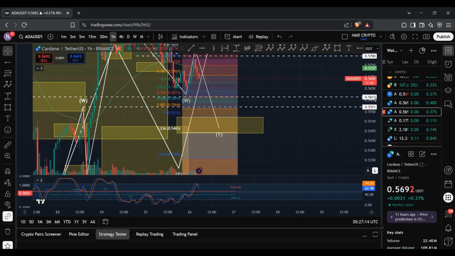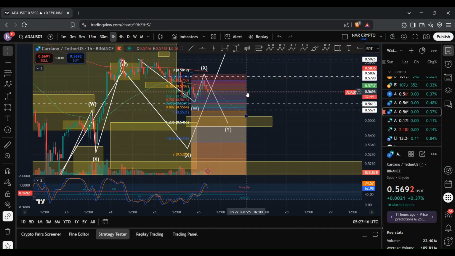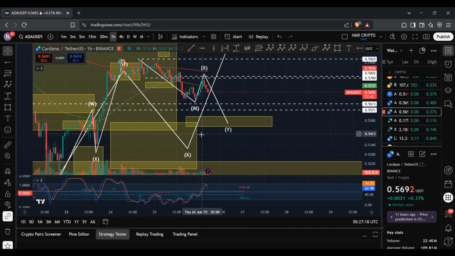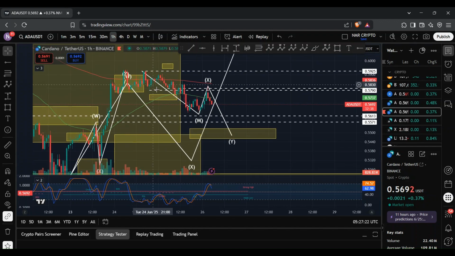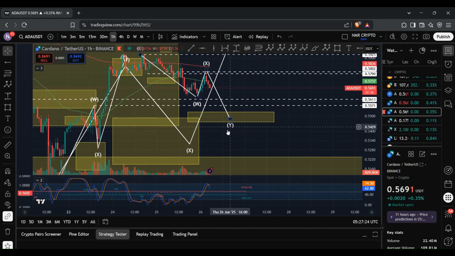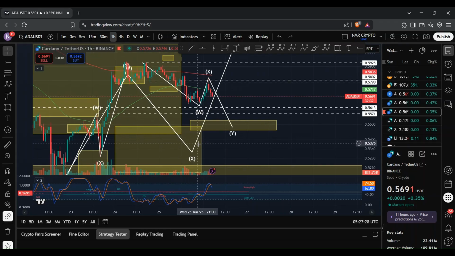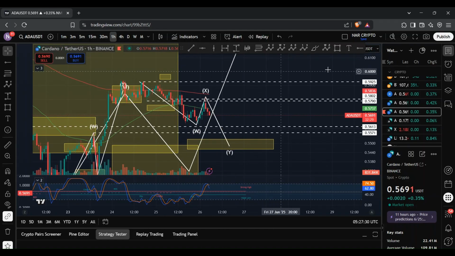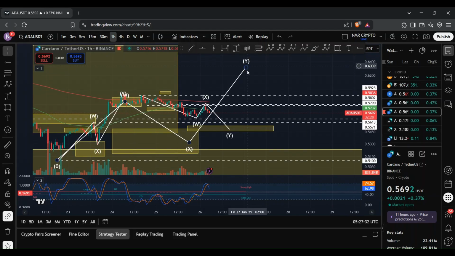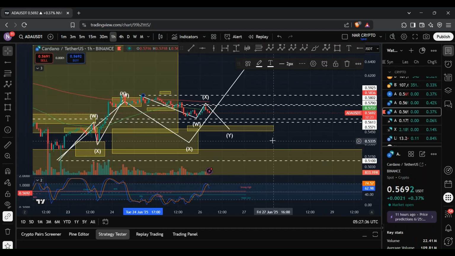So that would be the next key target for ADA. And if we do not tap into this region, then it's possible that we have a bigger WXY structure. But of course, if we do tap into this region within this structure here, then that could complete the X wave. And then we could potentially see that push to the upside to complete that Y wave, where we then break the local top at 59.25 cents.